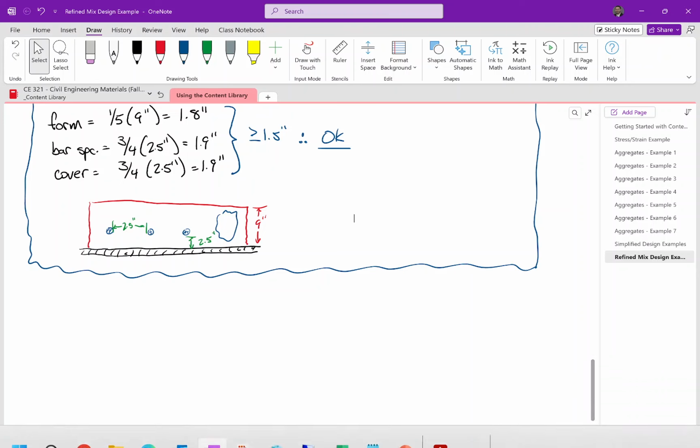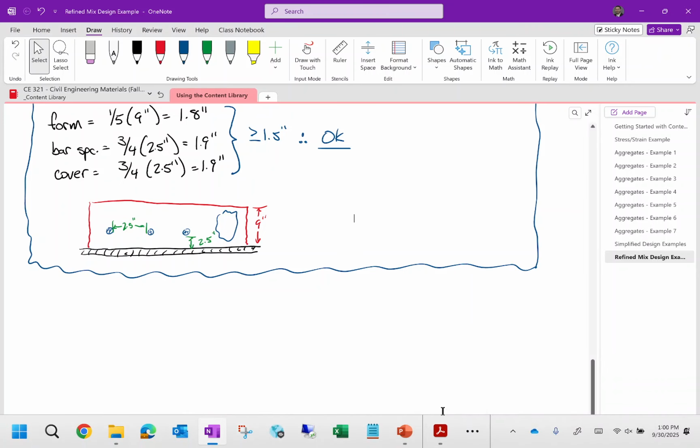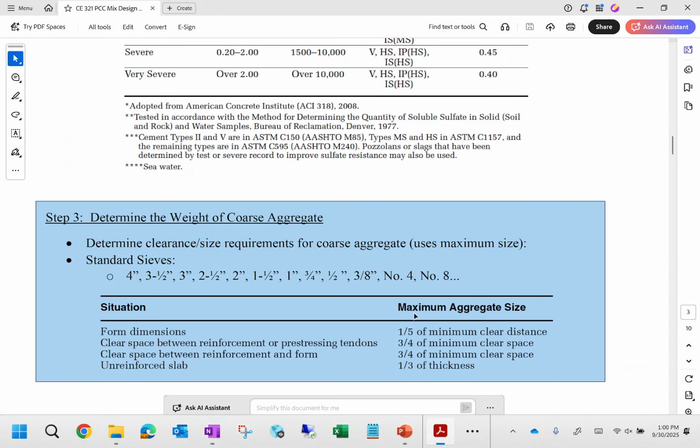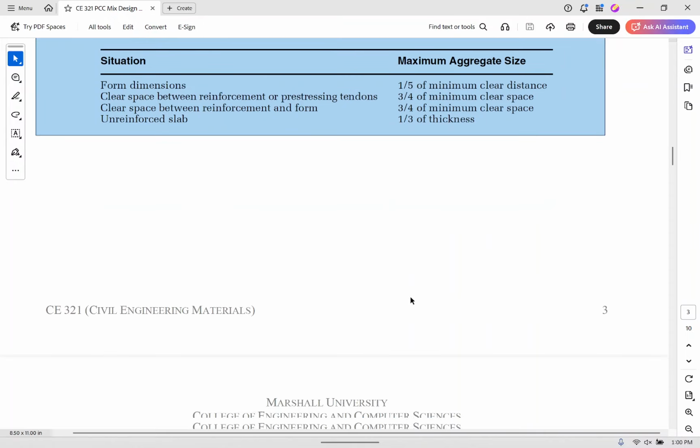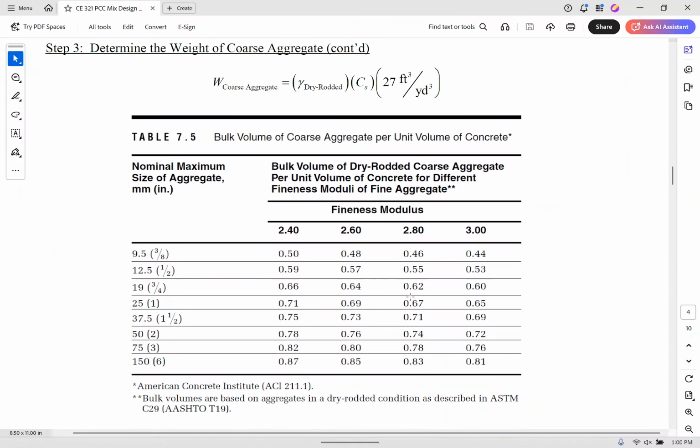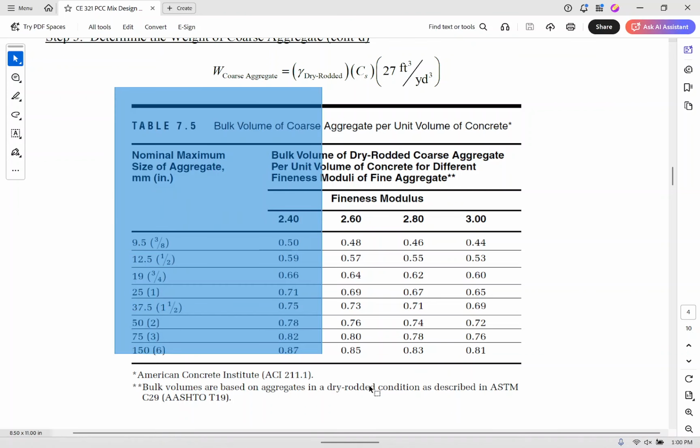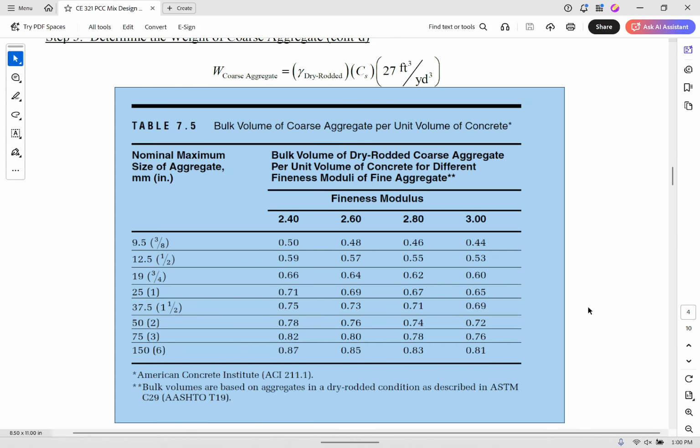Rest of this, I think, is pretty straightforward. The real goal of this step is to figure out how much gravel is going into our mix. So how do we figure that out? We figure that out with Table 7.5, and essentially what Table 7.5 is saying is that we figure out how much gravel goes into our mix as a function of how big the nominal max aggregate is and how fine our sand is.